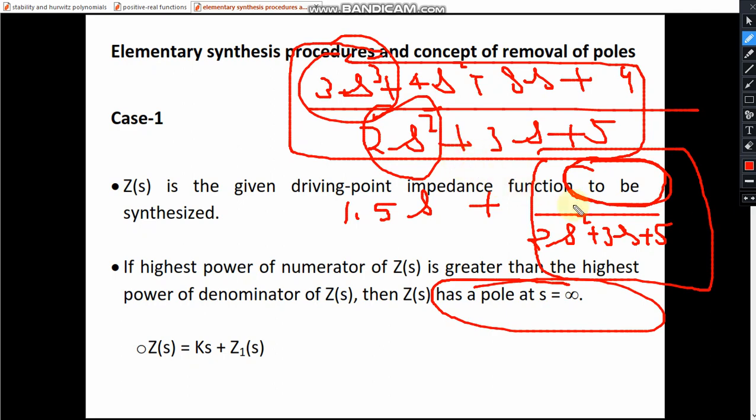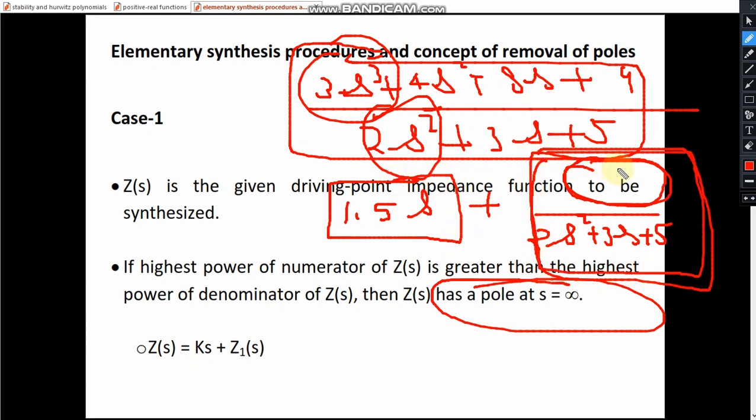So we have removed this pole, which existed whenever this power was more than this. Now this power has been reduced, and it is not more than this. So the pole at infinity has been removed from this function.